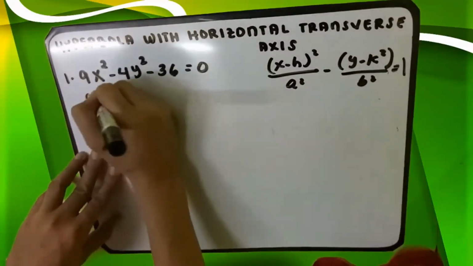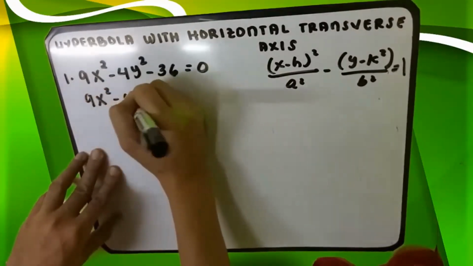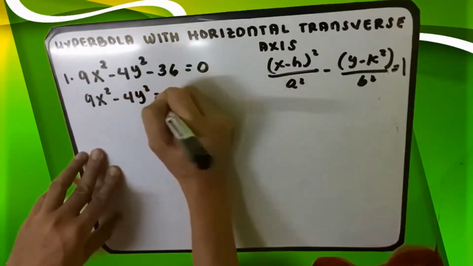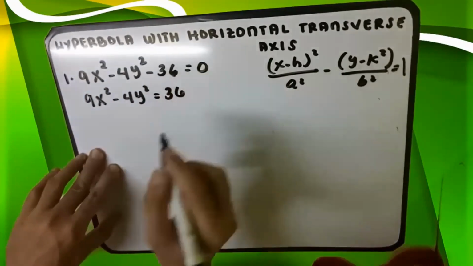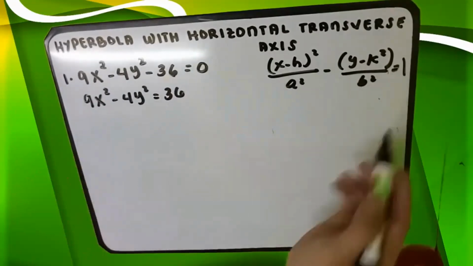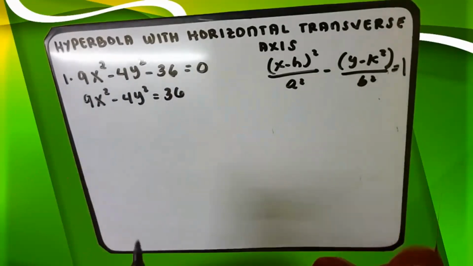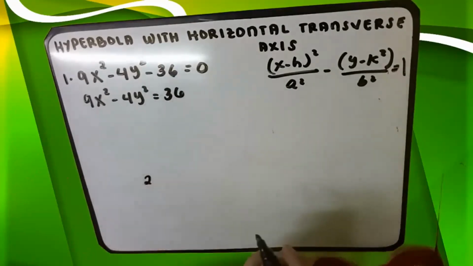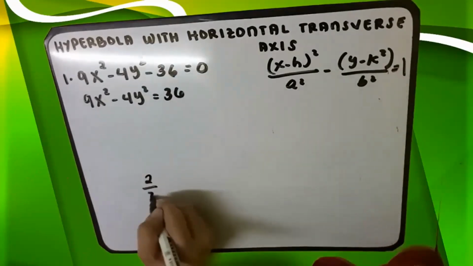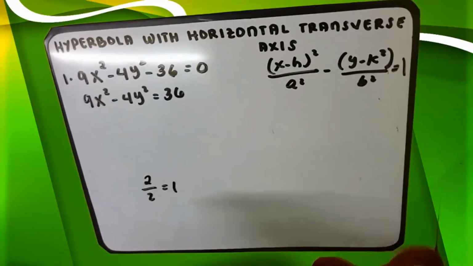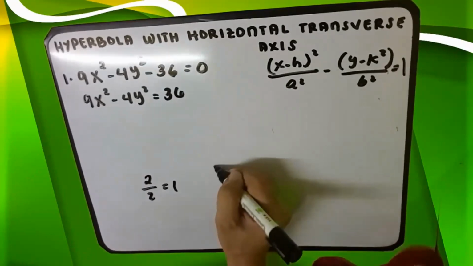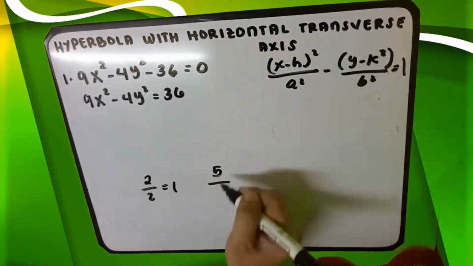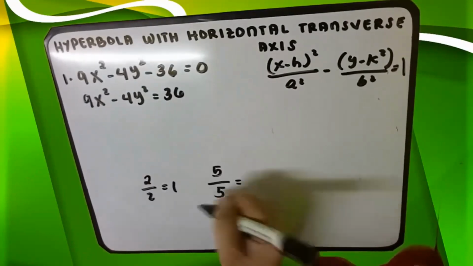So magiging 9x squared minus 4y squared equals positive 36 na ngayon siya. And then para maging 1 siya, kailangan nating i-divide. Halimbawa 2, para maging 1 siya, i-divide natin by itself, which is 2, kaya maging 1. Halimbawa the given number is 5. Para maging 1 siya, i-divide natin by itself or 5.